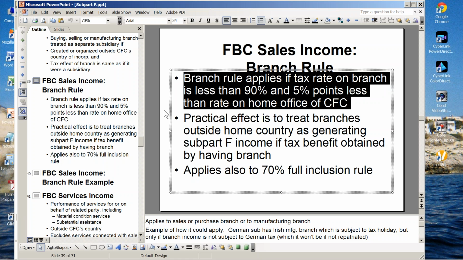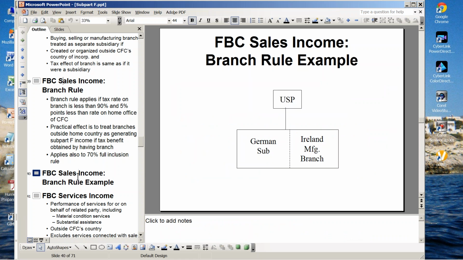I intentionally picked my branch example of Germany and Ireland many years ago when the German effective tax rate was in the high 30 some odd percent and Ireland was 10%. Well, it's still a big differential. Germany's tax rate is in the low 30s now, and Ireland is 12.5%.